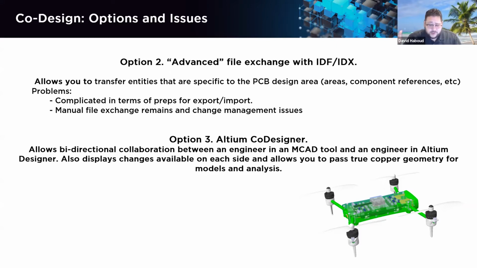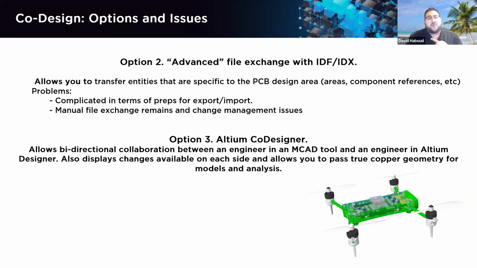So the last option we have is the Altium CoDesigner. This is going to enable bi-directional collaboration between both engineers, right? And this is going to be directly in both of the tools, both the mechanical tool and Altium Designer, right? And this will display changes. It allows you to track changes.